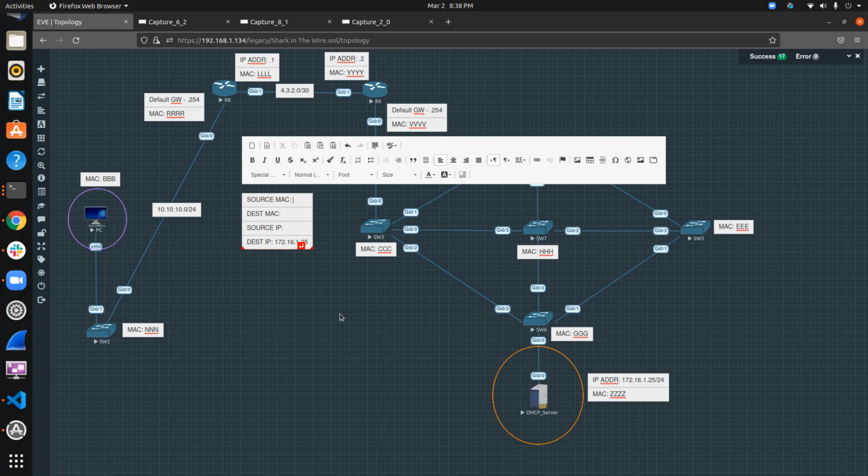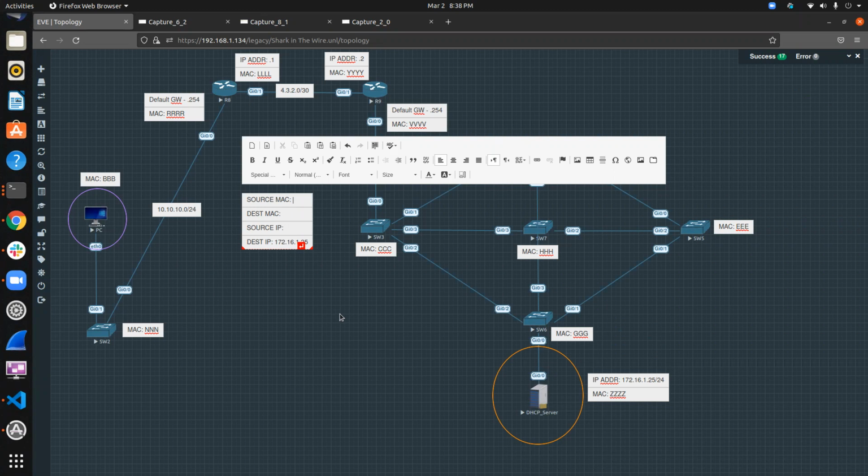You did answer how the packet looks after Donatello's PC discovers and learns about the DHCP server from the IP helper responding to it, so great job there. But I was actually asking how the packet is going to look leaving R8 and going towards R9, with that source MAC, destination MAC.